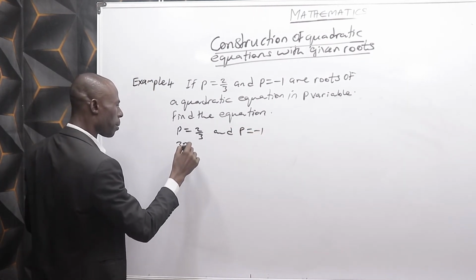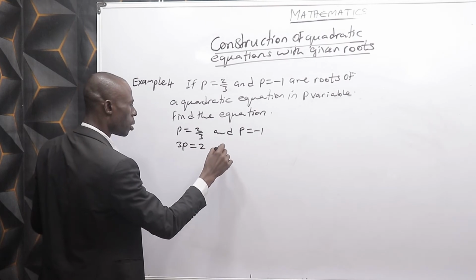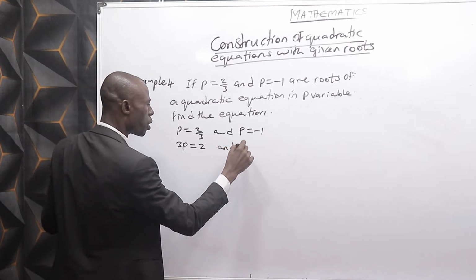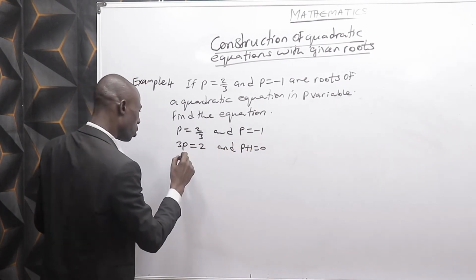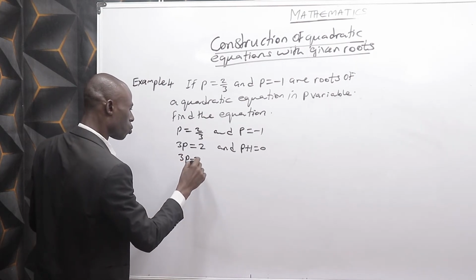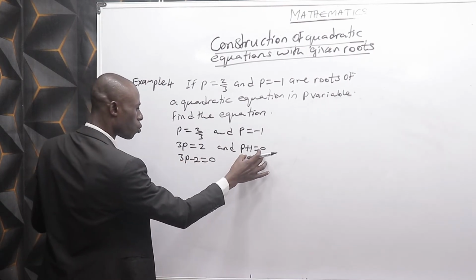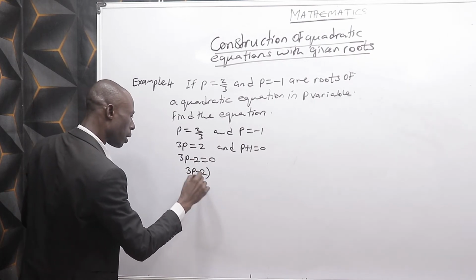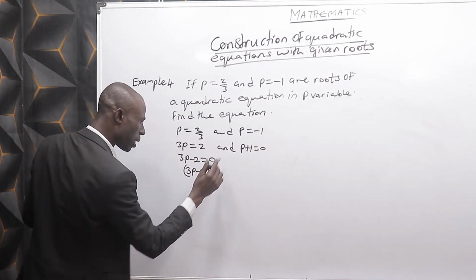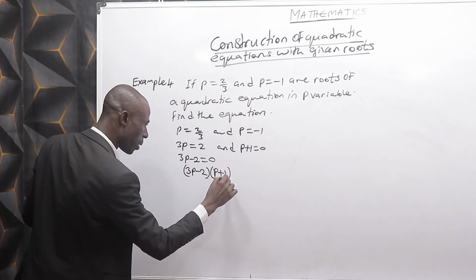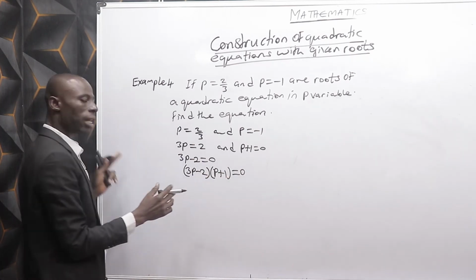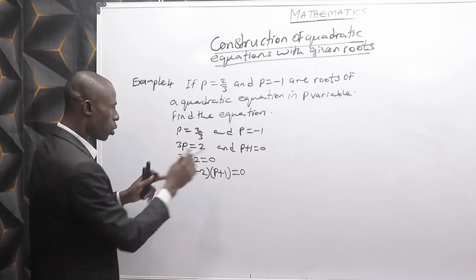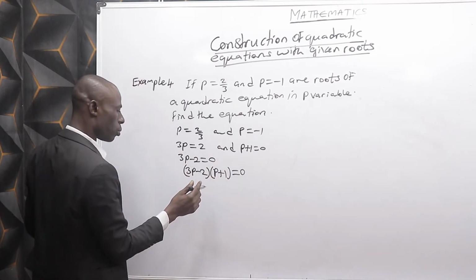This is 3p equals 2 and this is p plus 1 equals 0. This is 3p minus 2 equals 0. When you have the two of them like this, you now have 3p minus 2 in bracket into p plus 1 in bracket equals 0. You let their product have only one 0 that they are equated to.